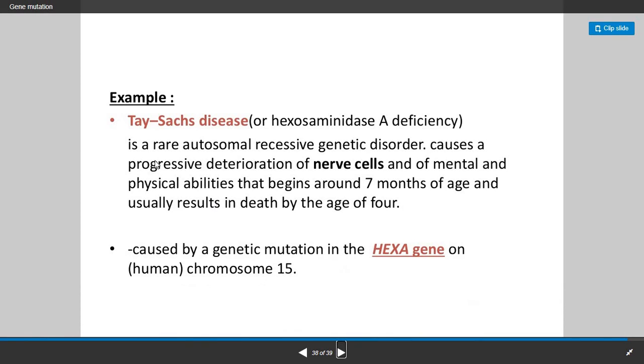An example of frame shift is Tay-Sachs disease, also known as hexosaminidase A deficiency. It is a rare autosomal recessive genetic disorder that causes a progressive deterioration of nerve cells and of mental and physical abilities, beginning around 7 months of age and usually resulting in death by the age of 4. It is caused by a gene mutation in the HEXA gene on human chromosome 15.